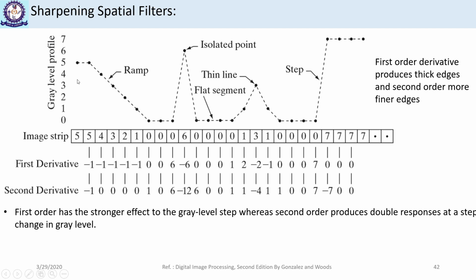The second order derivative will consider only this part and this part as the edge. So your second order derivative will detect the finer edges. That is why we mainly focus on the second order derivative.